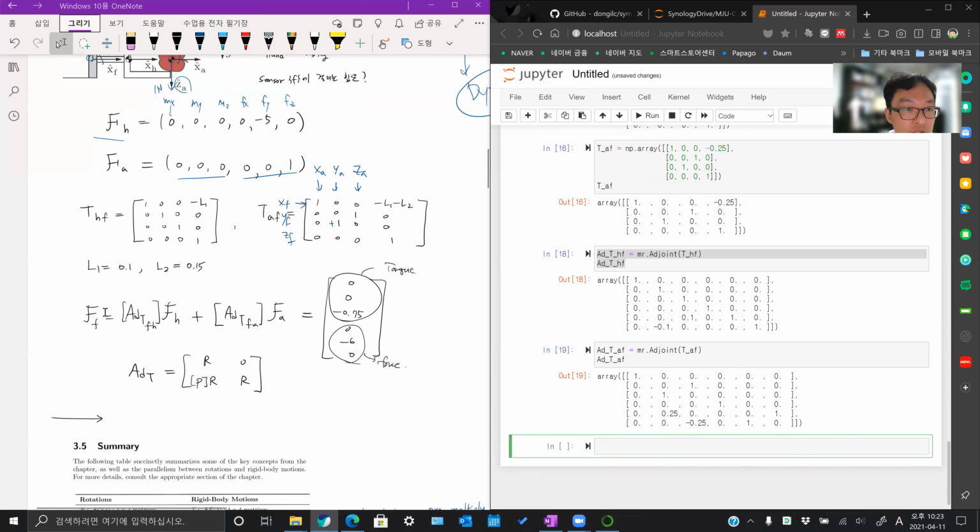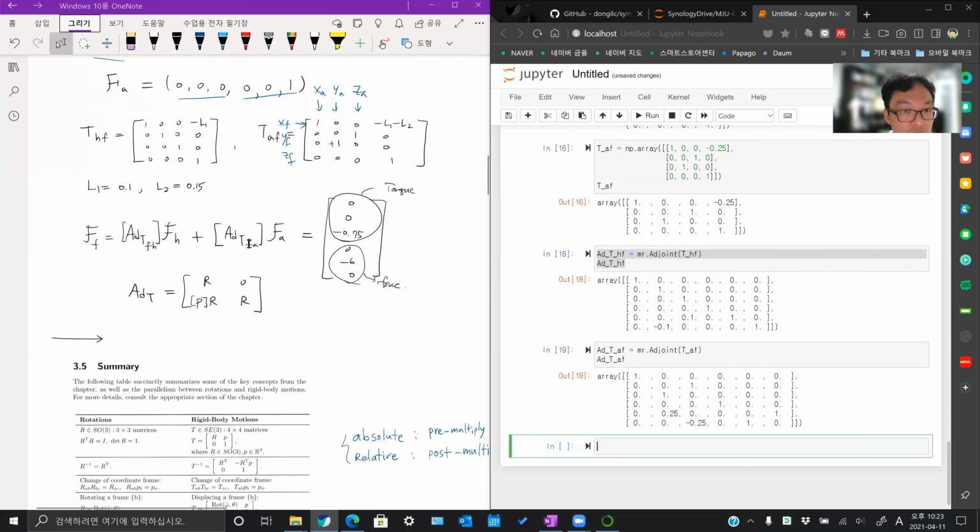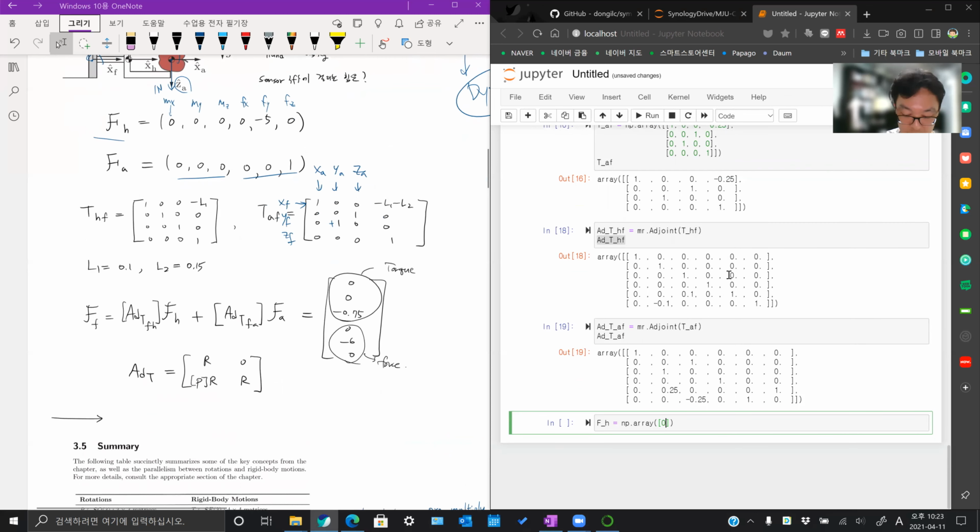Then we can calculate this one. So we should calculate the spatial force at the F frame. This equation can calculate the spatial force in the F frame. So firstly, we should make an array 0, 0, 0, 0, minus 5, 0.